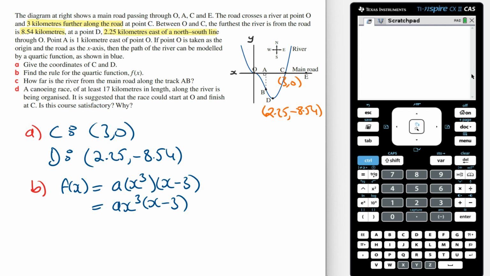We now need to work out the value of a. To do this, we need a point on the graph. And we know that the point D has the coordinates (2.25, -8.54). And so f(2.25) is going to equal -8.54. Subbing this into the rule, we can solve for the value of a. It's going to be quicker using the calculator, starting by defining the function f(x).